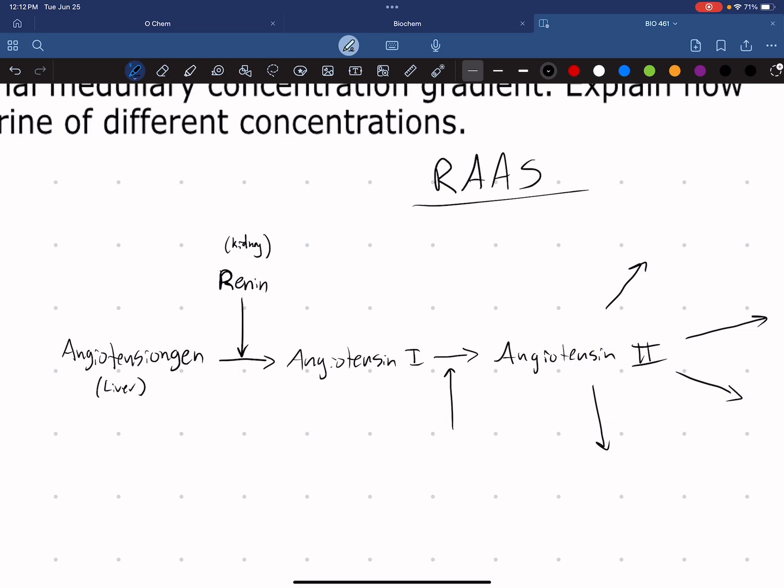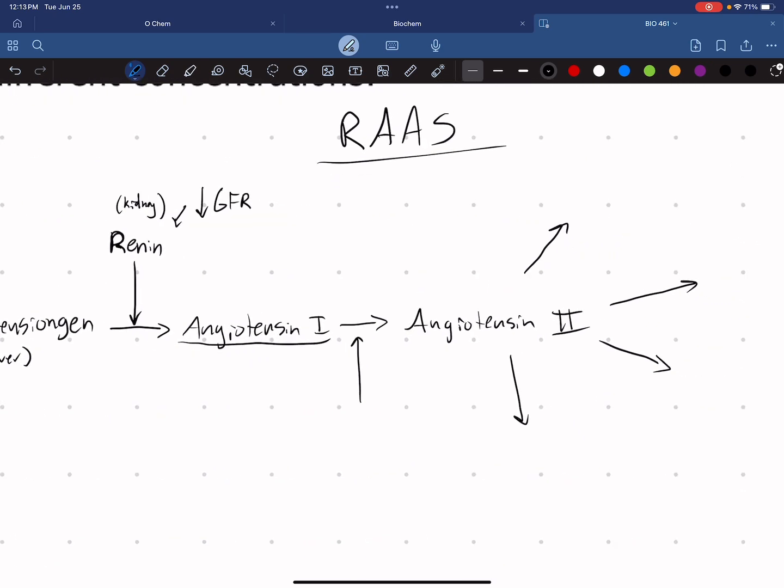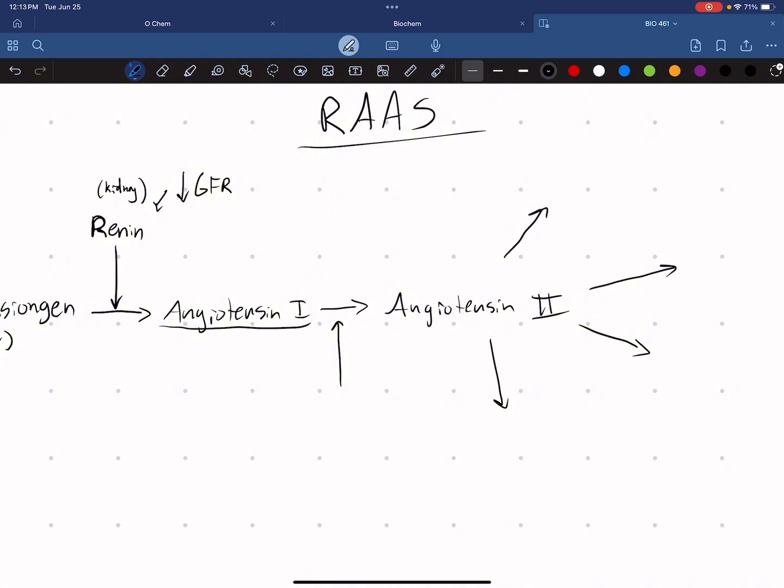And the release of renin to the blood flow is stimulated via a low GFR. So when we have a low GFR, the kidney releases renin into the blood flow that combines with angiotensinogen and turns it into angiotensin 1 here. And so we know that angiotensin 1, in order to go to angiotensin 2, we need what's called an ACE.